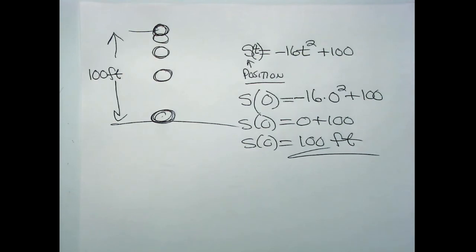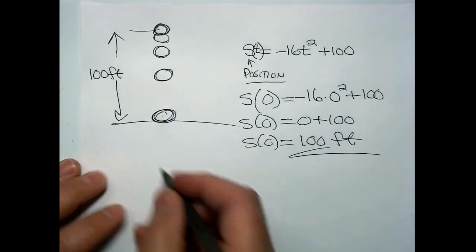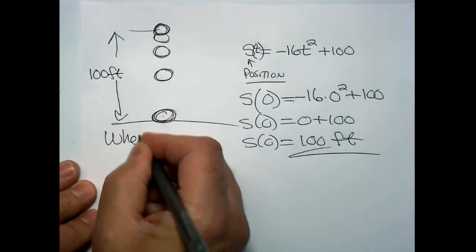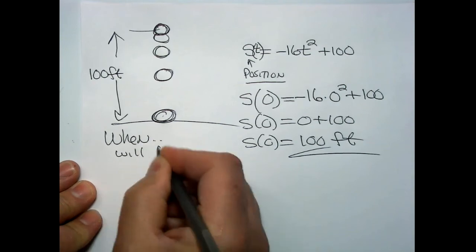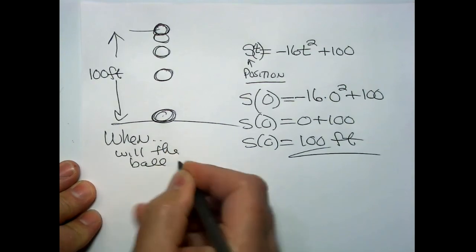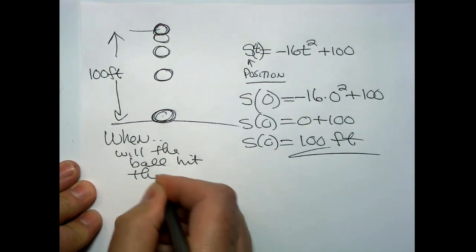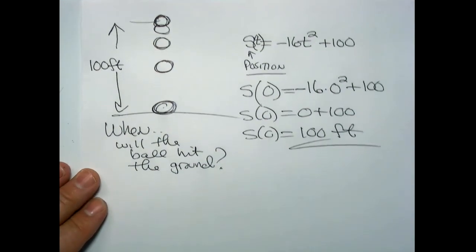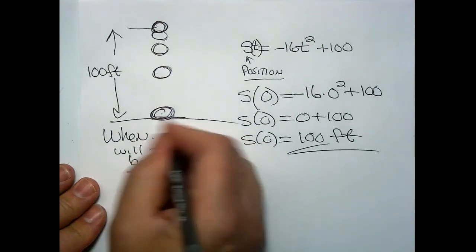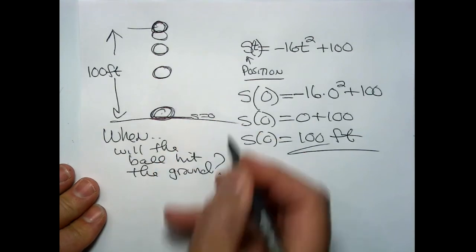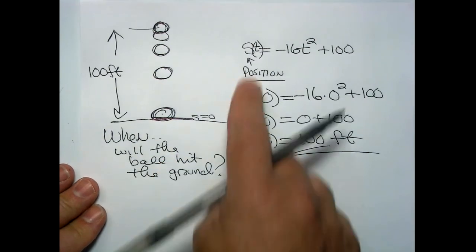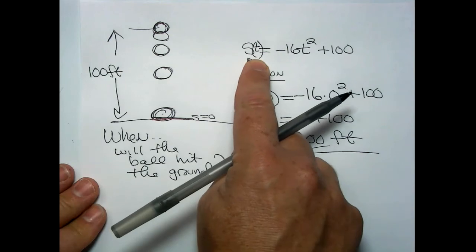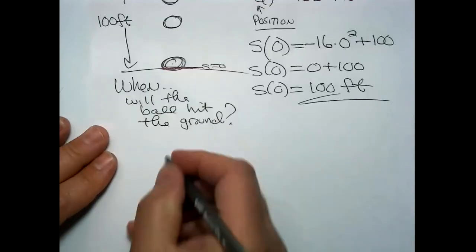Here's an interesting question that we don't need calculus for. When will the ball hit the ground? Well, the ball's going to hit the ground right here when position is 0. That's when it's going to hit the ground. So let's do that. Let's set S, not t. Let's set S equal to 0.